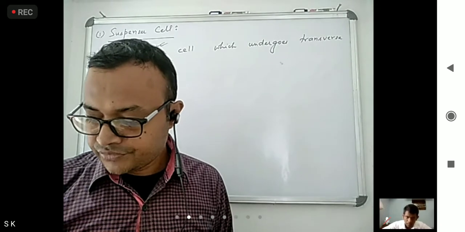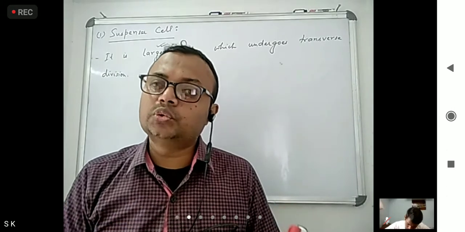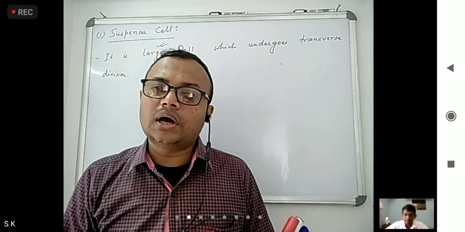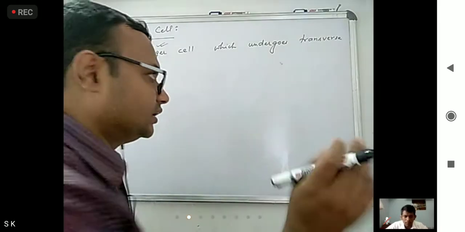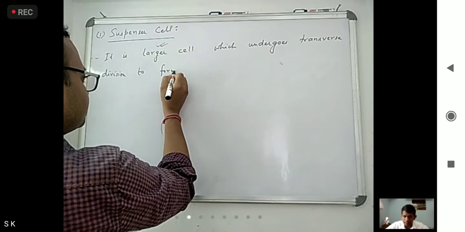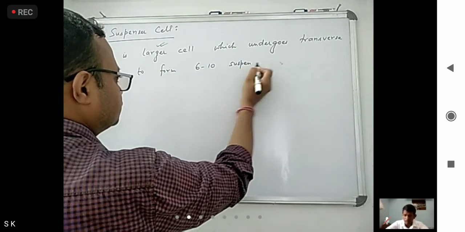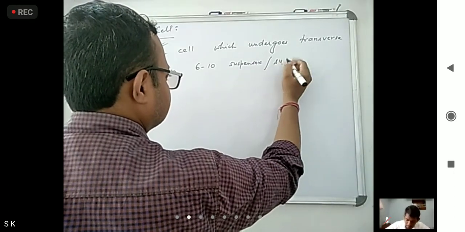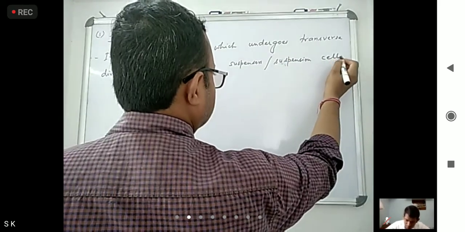Larger cell. Okay, now here what happens, it forms 6 to 10 cells, and all are known as suspensors. So it forms 6 to 10 suspensor cells.